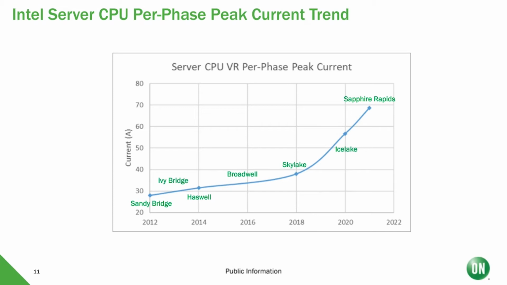So you can see that over a decade, we're asking the power stage and FET technology to support from 25 amps to now close to 70 amps, almost a 2.5x increase in the peak current.